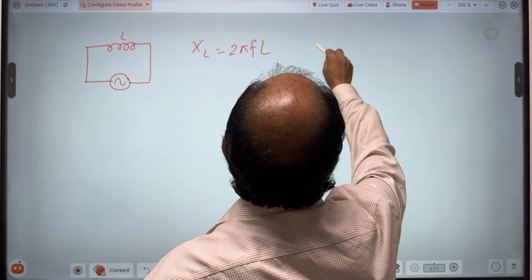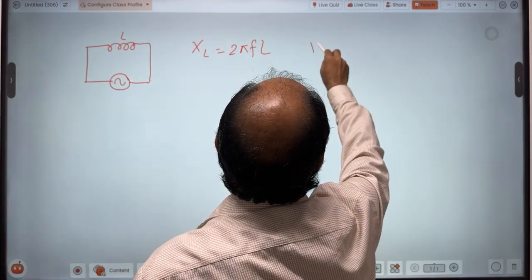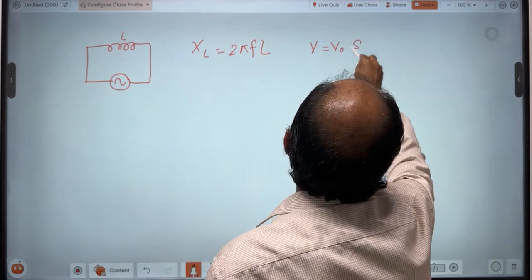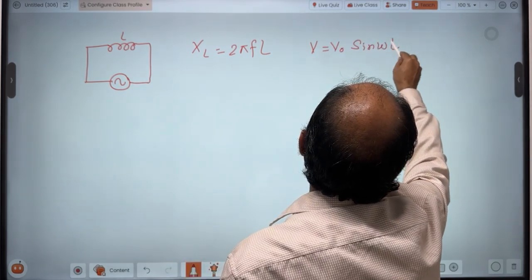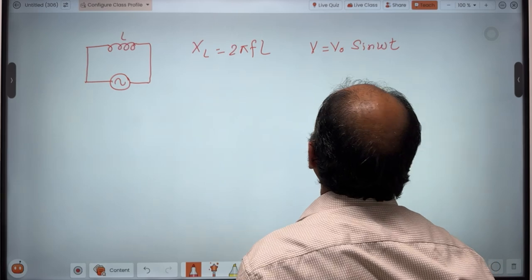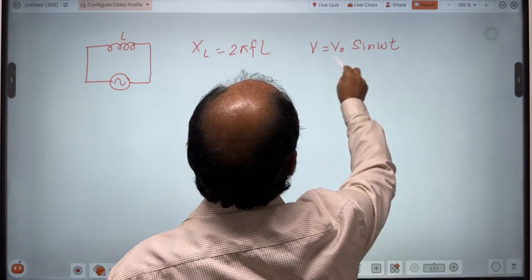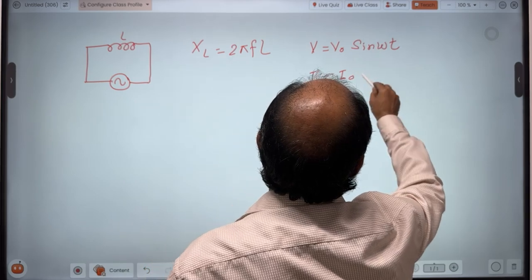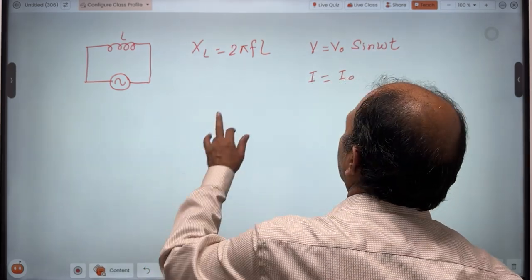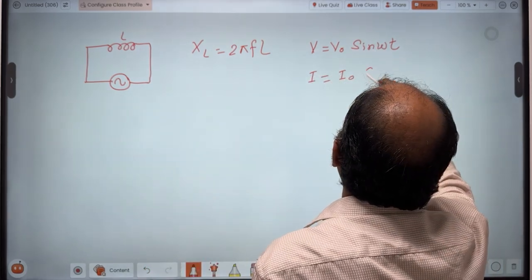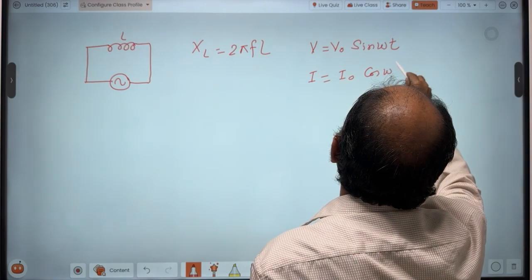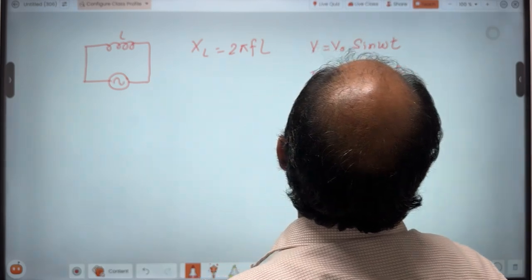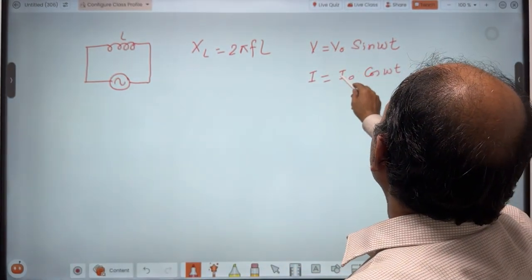And in such a case, here equation will be V equal to V0 sine omega t, right? And here if we find the equation of current, so that is I0, and here what happens? Do you remember? It becomes cos omega t, right, with negative sign.